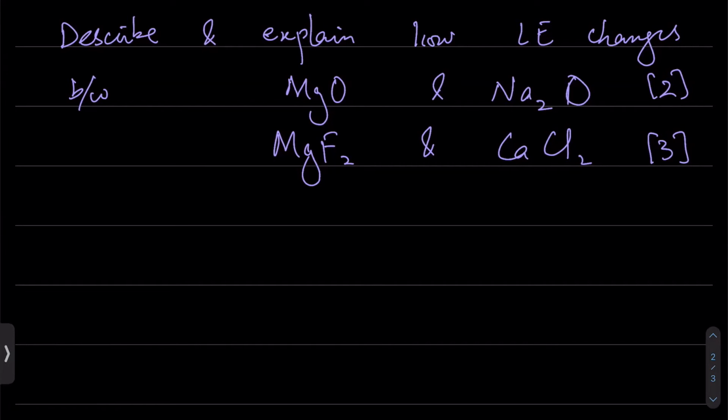Let's suppose this was the calcium chloride question. The examiner can easily relate this to asking you why the ionization energies change for the same ions. For example, the first ionization energy of calcium and the second ionization energy of calcium are obviously going to be different.